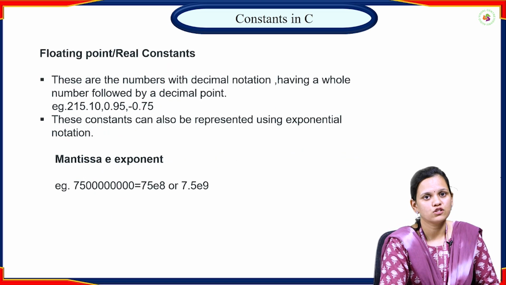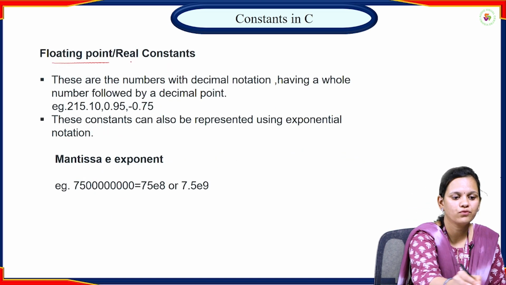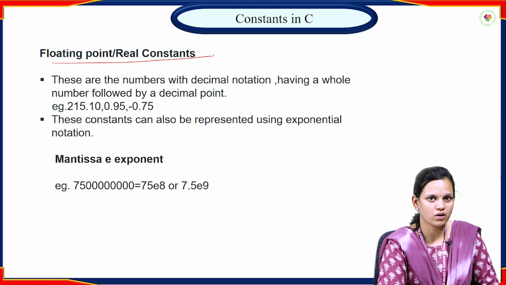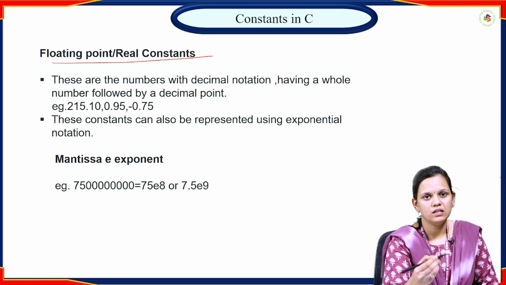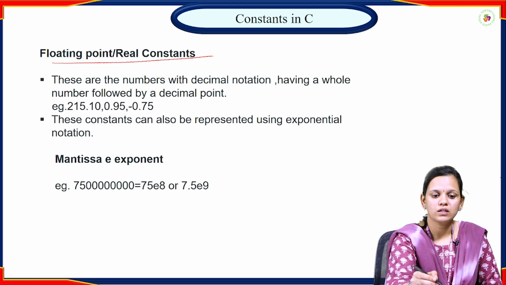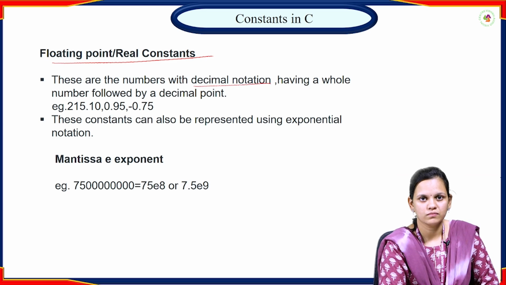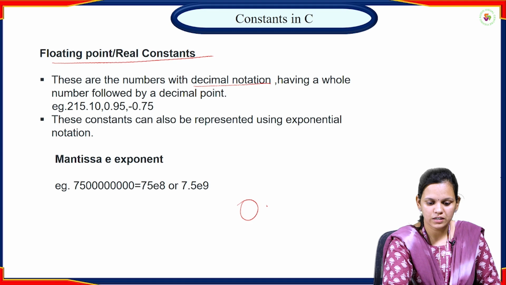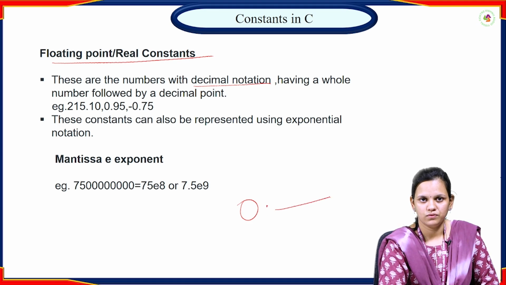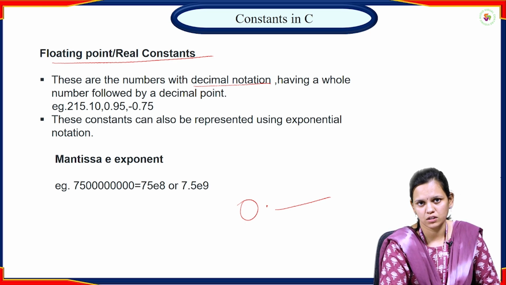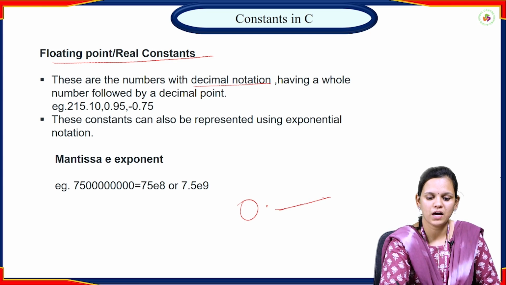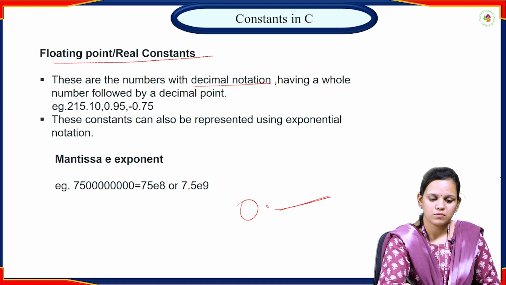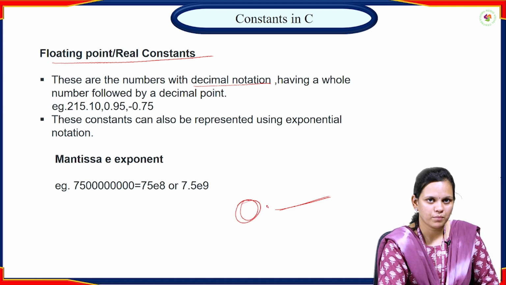Coming to the next constant, we have floating point or real constants. These are the constants with decimal notation, having a whole number followed by a decimal point, and then after the decimal point you give the numbers again. Here you have the fractional part, the decimal point and the decimal number.